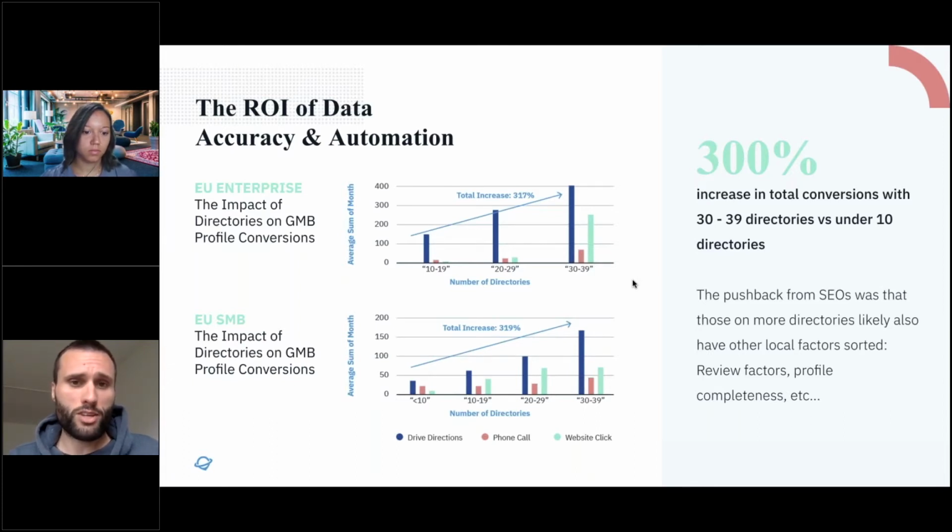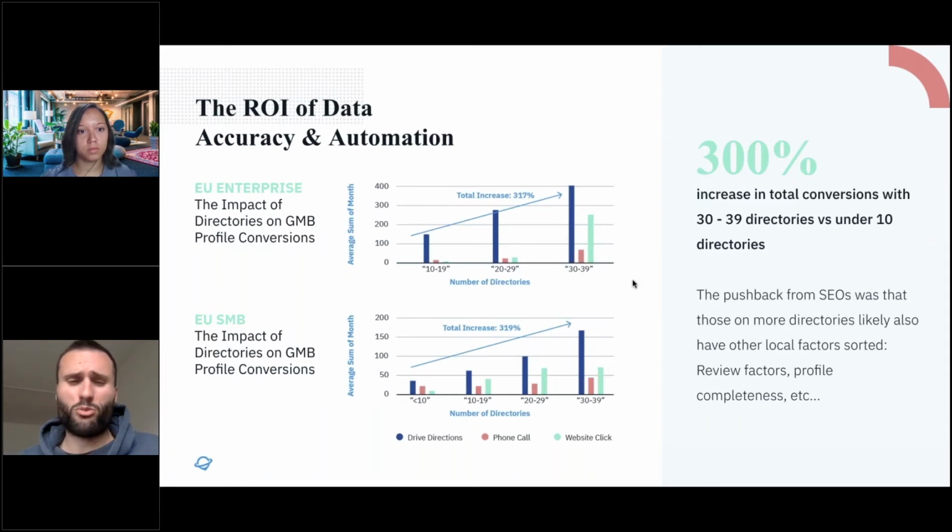So I took the total from, for instance, for SMB, under 10 directories, and looked at the impact of having 30 to 39 and found that there was about a 320% increase for small businesses. And then for enterprise, the bucket started at 10 to 19 directories up to 30 to 39, and the increase was about 320% there as well.